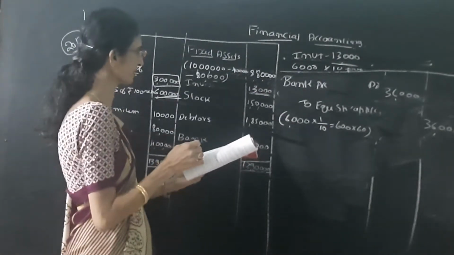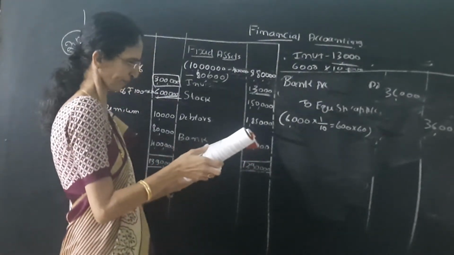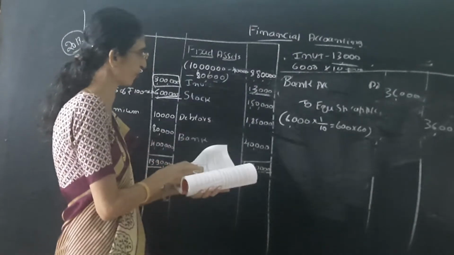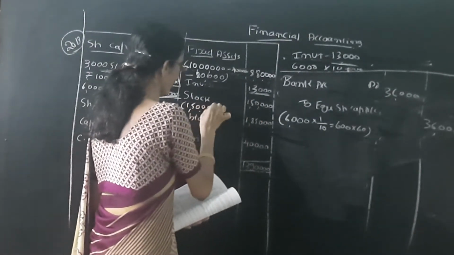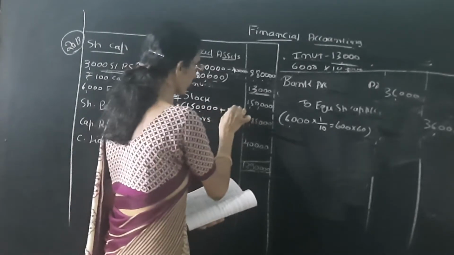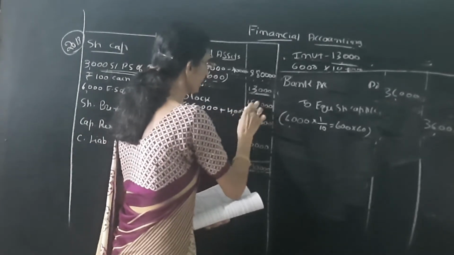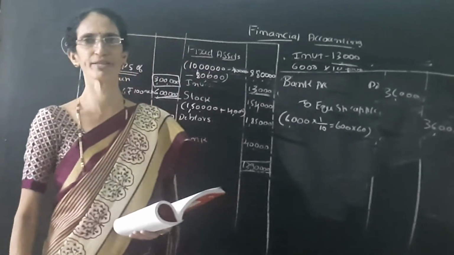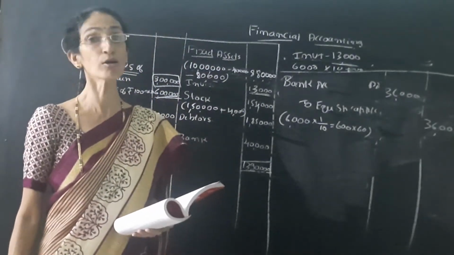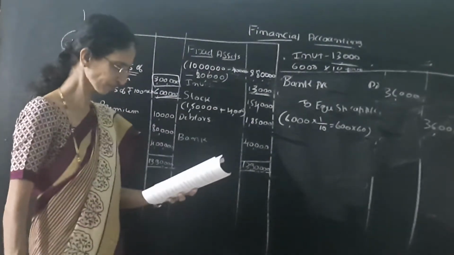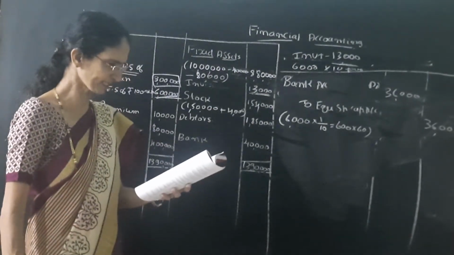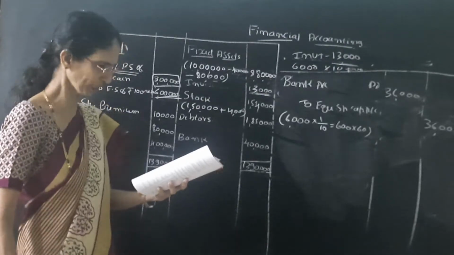Then stock is increased by 4,000. So within bracket the opening balance is given 1,50,000, increased by 4,000. So 1,50,000 plus 4,000 we get 1,54,000. Then the debtors is reduced by rupees 12,000.